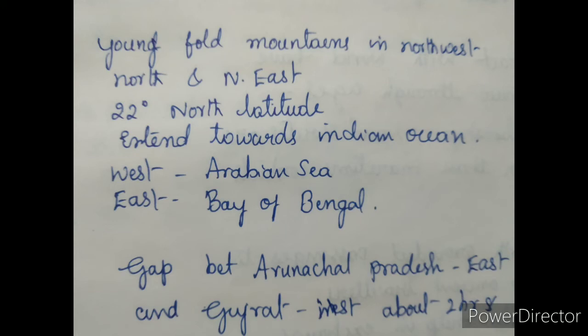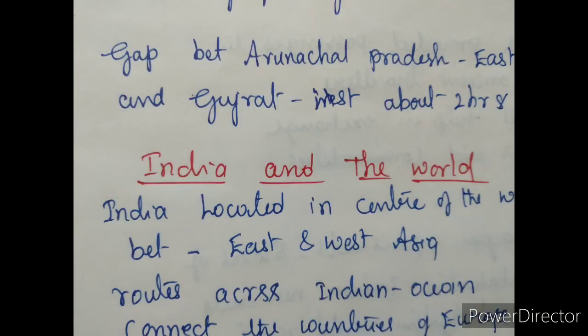These routes have contributed to the exchange of ideas and commodities since ancient times. That means from the past we have been related with other countries in the exchange of ideas and commodities. These ideas, the Upanishads, Ramayana, stories of Panchatantra, Indian numerals, and the decimal system, could reach many parts of the world.